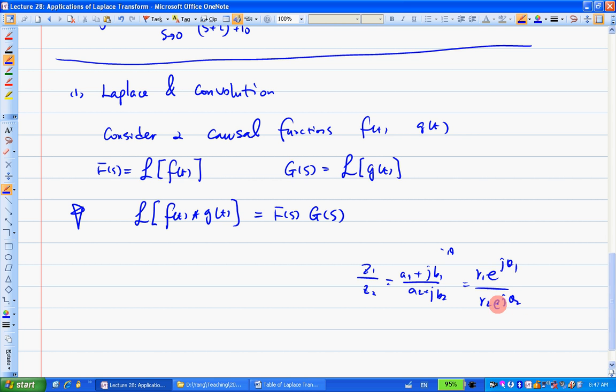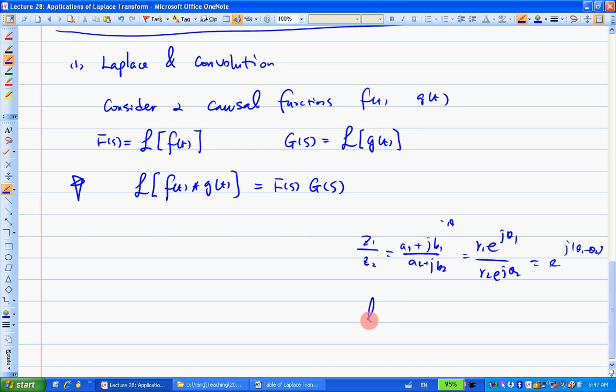And when you do this calculation, you're not doing division. What happens here is just e^(j(theta 1 minus theta 2)). This is subtraction, right? Same thing, if you have ln(AB), this is equal to ln A plus ln B. So this is addition, and you're getting away from multiplying A and B. This is a different perspective.